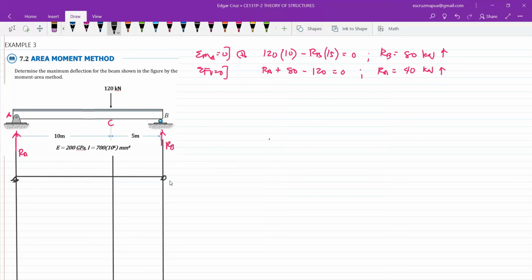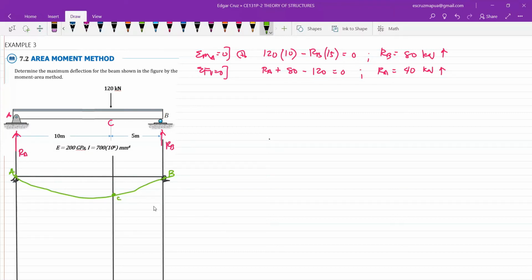Now, after the 120 kilonewton load was applied, let us assume that the deflection is like this. Exaggerate ko lang, something like that. Ibig sabihin, yung point A natin will remain at the same point, yung point B natin will remain at the same point, pero yung point C will be moving somewhere here.